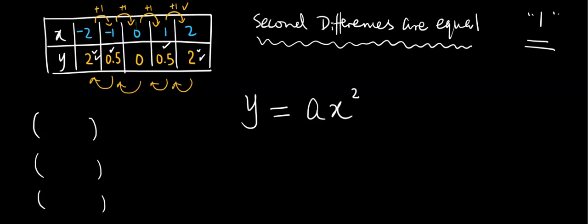So we have -2, and this is 2, and you have -1, and your y is 0.5. You also have 2, and y is 2. Okay, you have these points you can use.